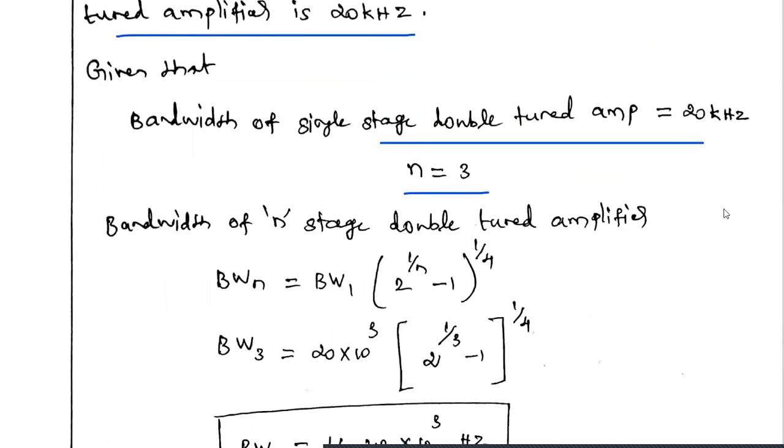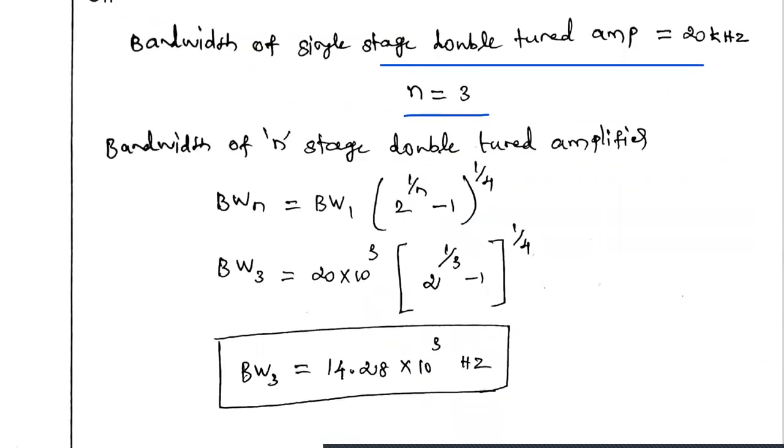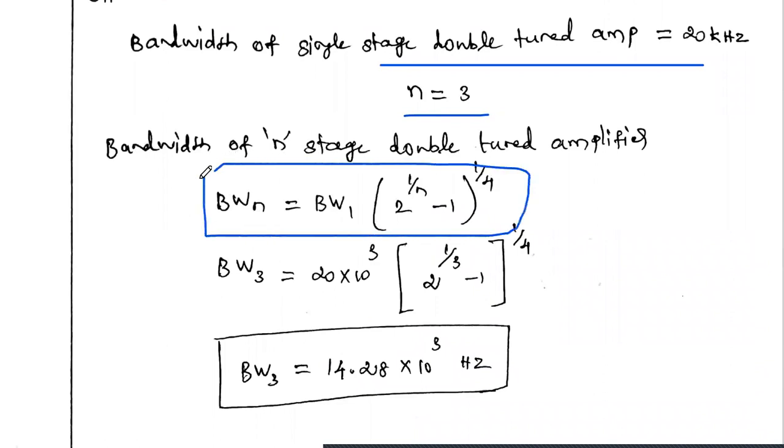Therefore, for the n-stage double-tuned amplifier, the formula is BWN equals BW1 into 2 to the power 1 by n minus 1, all to the power 1 by 4. If n single tuned amplifiers are connected in series, instead of this 1 by 4 there is a 1 by 2, and 1 by 2 means root 2.